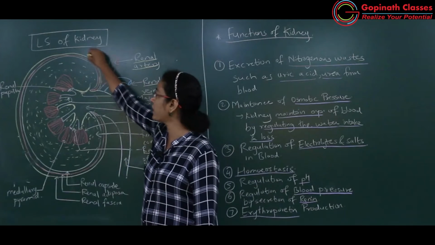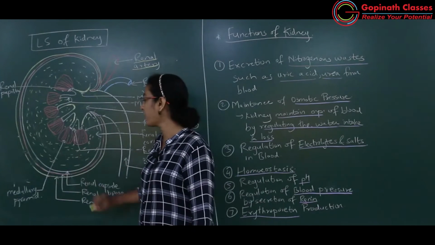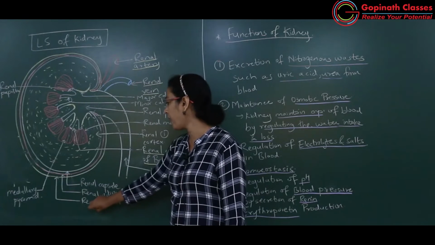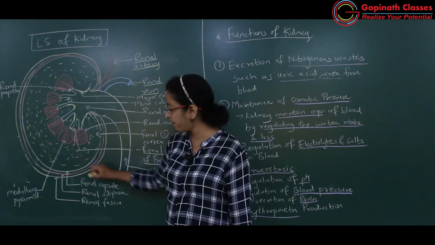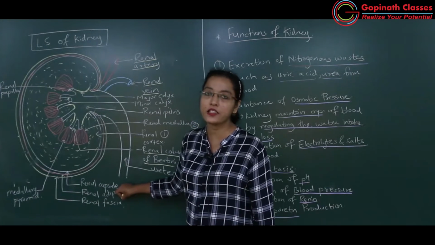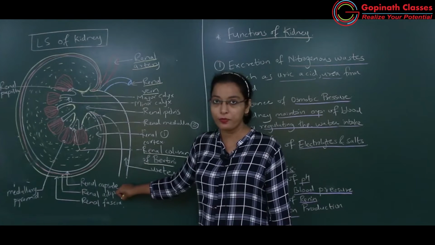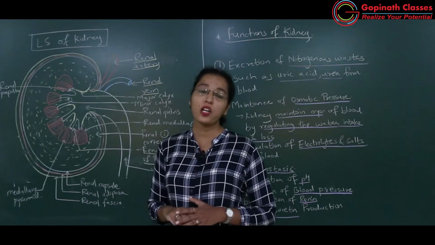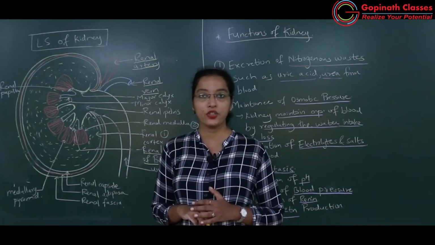Then the kidney has a covering around it. So which three coverings are there? Renal capsule, renal adiposa and renal fascia. Renal capsule is fibrous, renal adiposa is rich in peritoneal fats which acts as a shock absorber, and renal fascia is also made up of connective tissue, mostly fibrous connective tissue, for protection purpose.